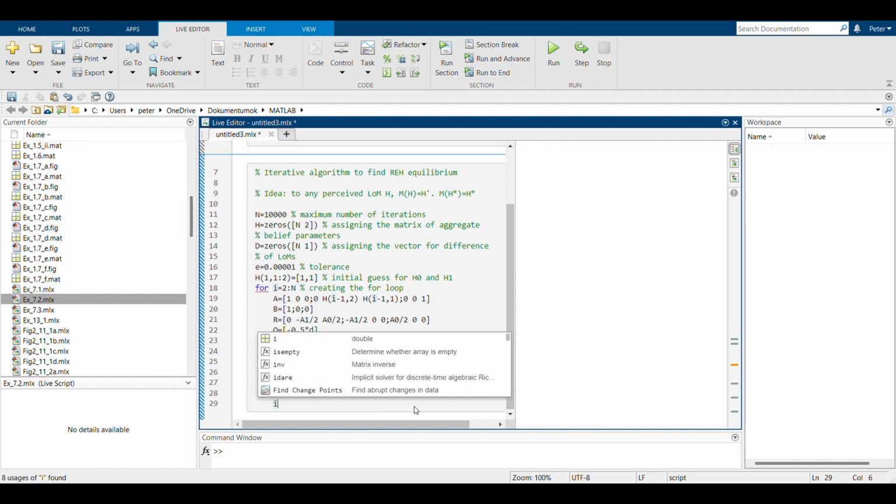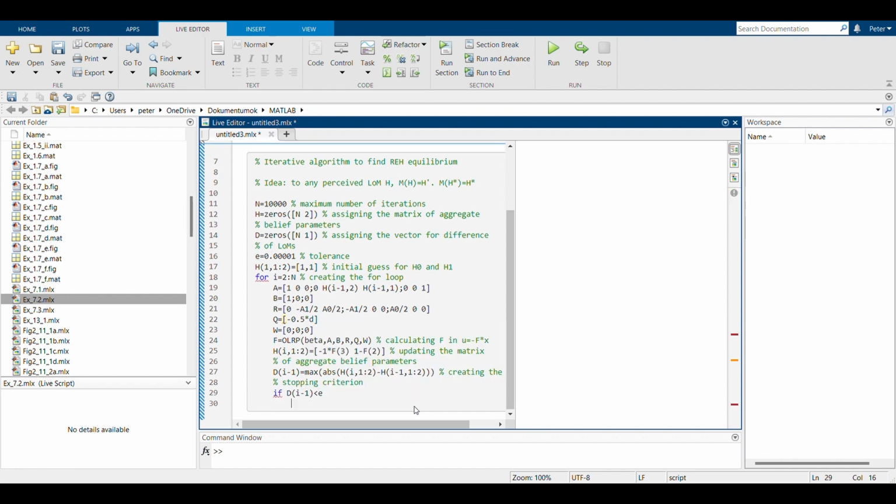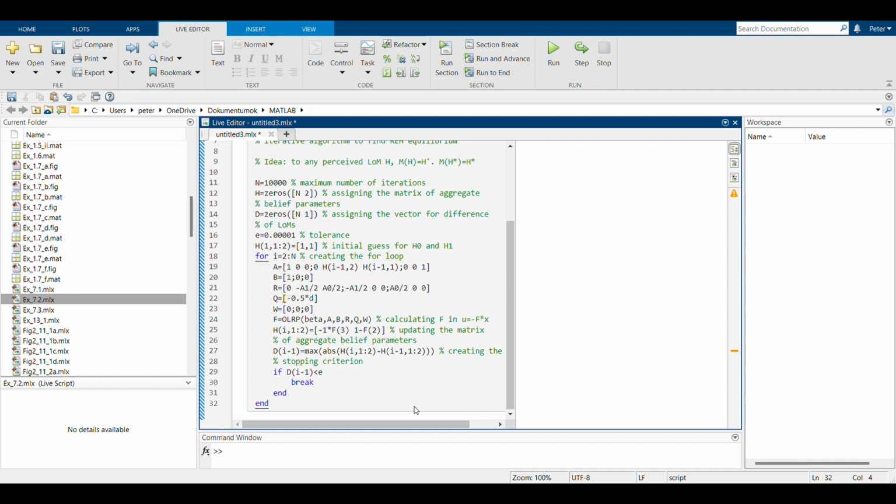Okay, and here we order MATLAB to stop the algorithm when the difference falls under the threshold. Break, we close this order and we close the for loop. And I think we are ready to run the script.